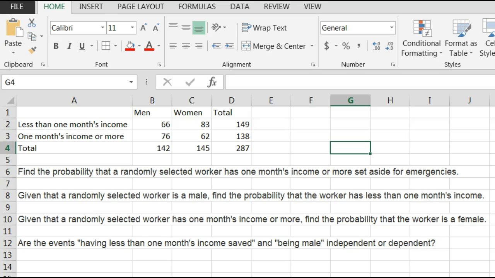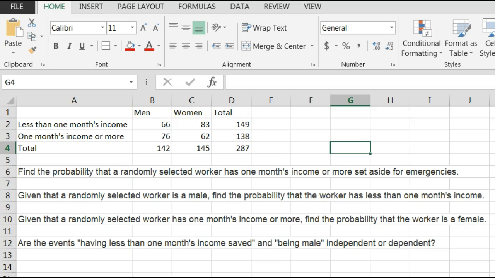On number 6, we're looking at another pivot table. It says the table below shows the results of a survey in which 142 men and 145 women workers ages 25 to 64 were asked if they have at least 1 month's income set aside for emergencies.